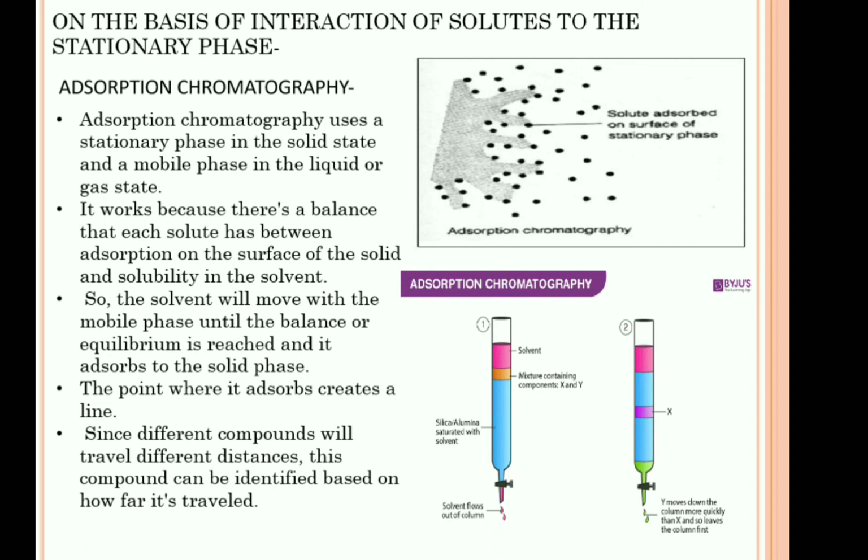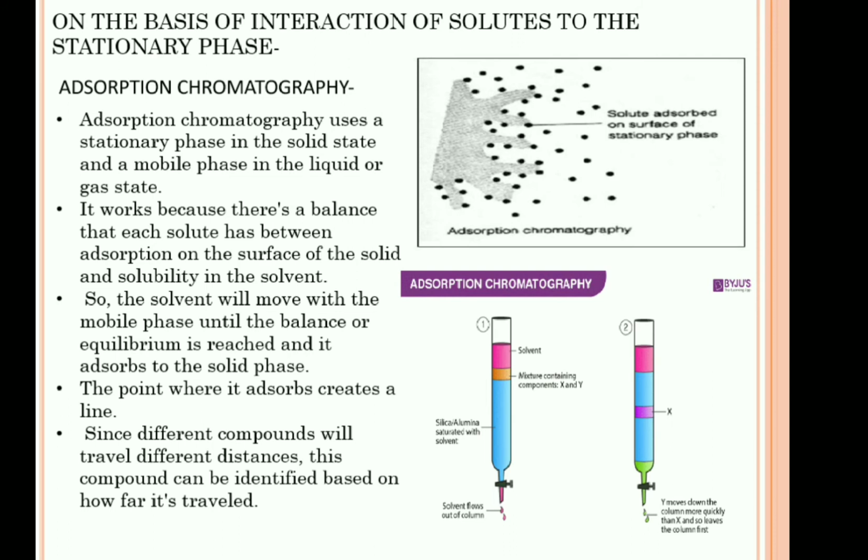Here it works because there is a balance, an equilibrium, when we put the sample in that column, where the solvent is there and the stationary phase is there. Then the sample, on the basis of the adsorption mechanism, the solute interaction towards the adsorbent, reaches the equilibrium.